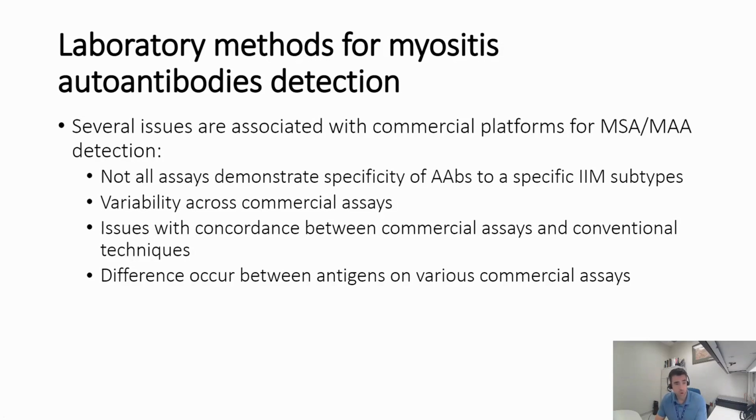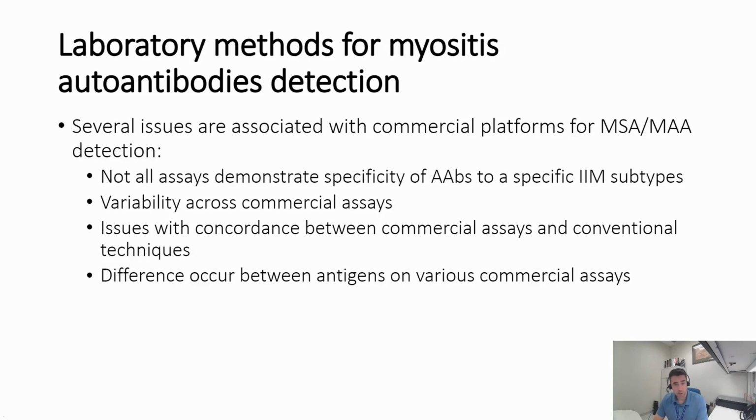Because different methods are used across different manufacturers, there may be issues with the positivity from one assay to another, from one commercial vendor to another, given the differences in methods for the commercial methods used.